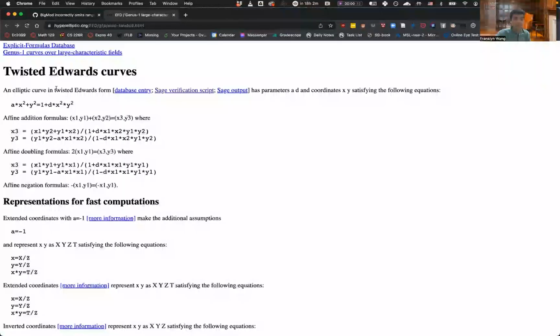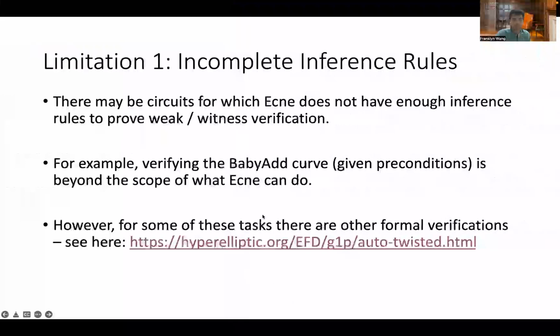I see. Since the BabyJubjub curve is a specific example of a twisted Edwards curve, this is all good. Furthermore, I think a lot of the formulas like Pedersen and so on can actually be verified with Sage, so we don't need to verify them ourselves.